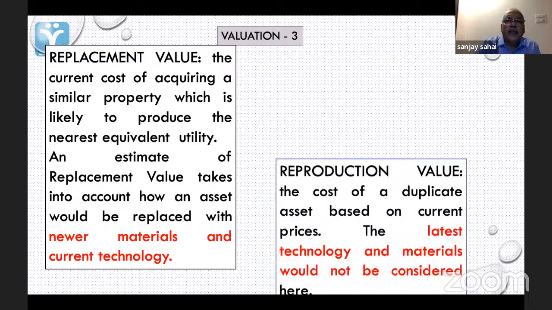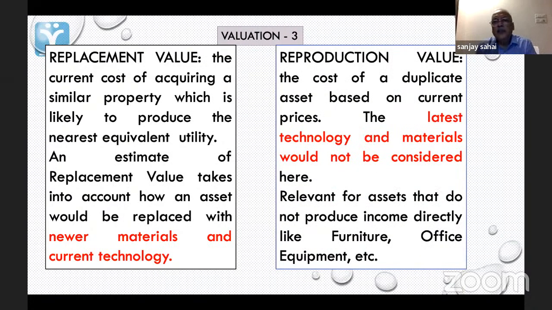Now, something a little similar to this is reproduction value. Reproduction value is, theoretically, something which is there. In practice, this is not going to happen. Because यहाँ पर क्या है कि आप कोई नया टेक्नोलॉजी भी यूज नहीं करेंगे. You are going to try to create an exact replica of the company that is there. So you will create a duplicate asset. You will not consider new materials, new technology, nothing like that.